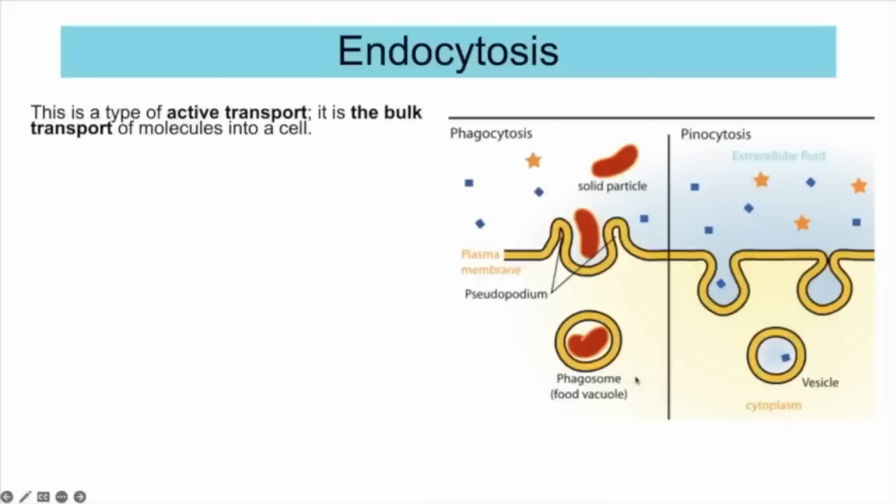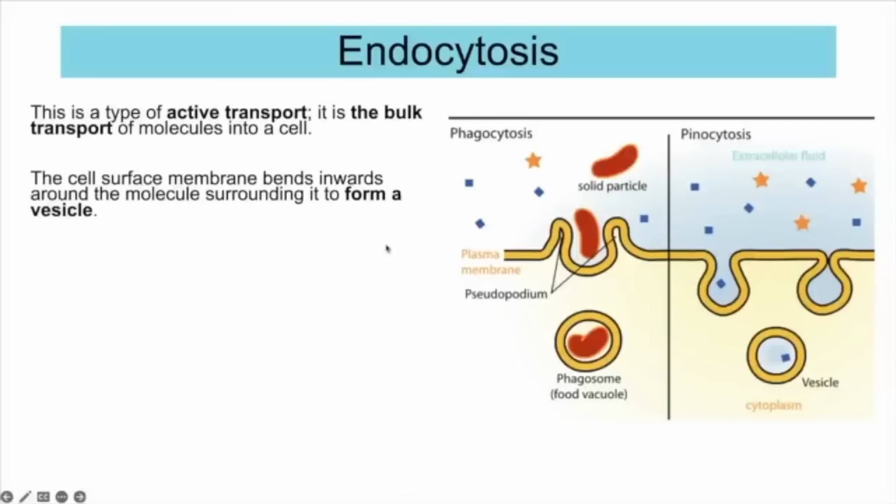The next one is endocytosis, and this is a type of active transport, but it is the bulk transport of molecules into a cell. The cell surface membrane bends inwards around the molecules surrounding it to form a vesicle. And that's what we can start to see happening here. It's bending inwards and eventually it folds all the way round to form a vesicle.